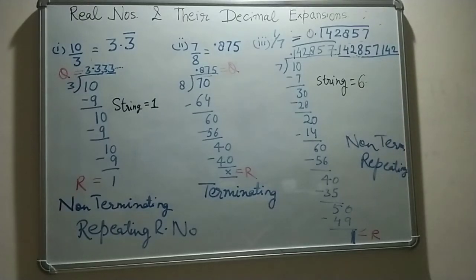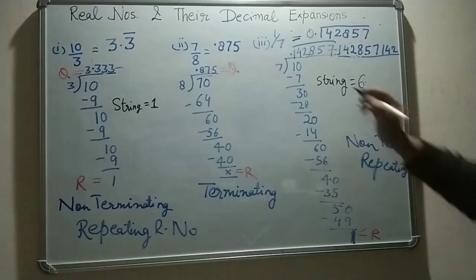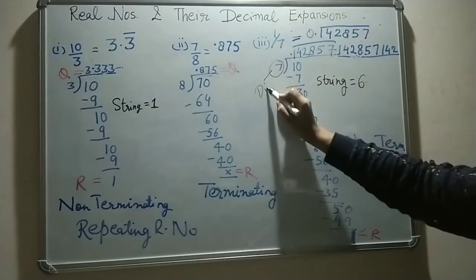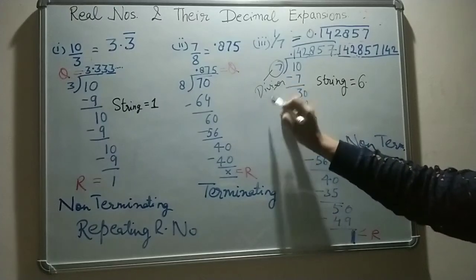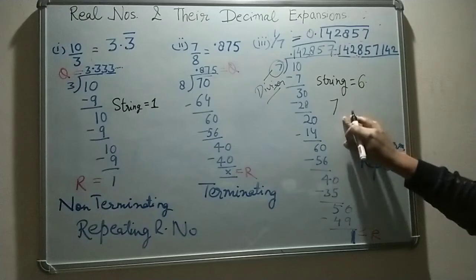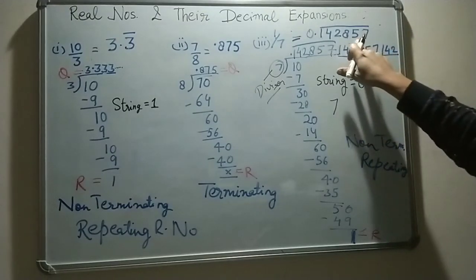Always remember one thing, that the divisor is always greater than the string. Over here, what is the divisor? This is the divisor. So what is the number of the divisor? 7. And the string will always be less than what? The divisor.